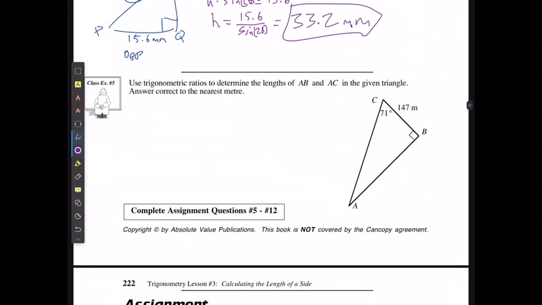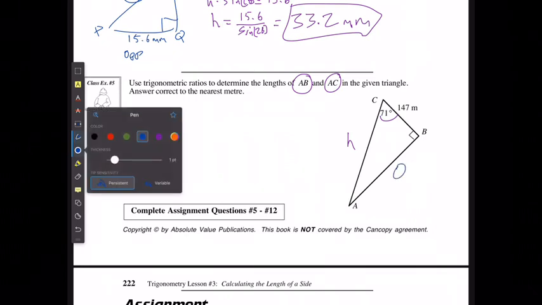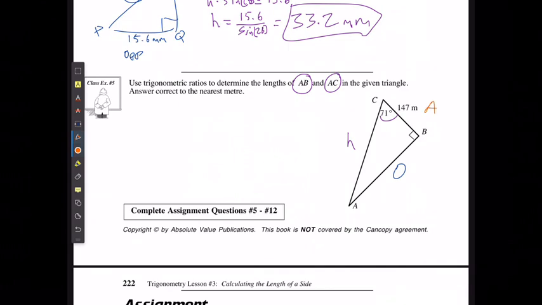For the last example, use trigonometric ratios to determine the lengths of AB and AC in the given triangle. Well, here's my angle. One is going to be my hypotenuse, and the other one is going to be my opposite. And what I know is my adjacent.